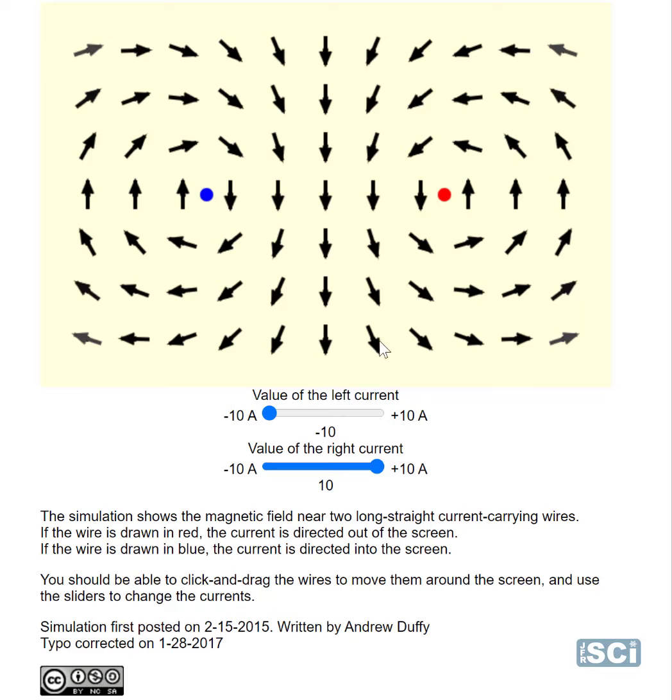And notice that there's a region in between here that has a lot of vectors that are pointing straight downwards. So the magnetic field actually gets stronger when we have wires that are running in opposite directions. So let's go back and actually apply this to the idea of a coil.